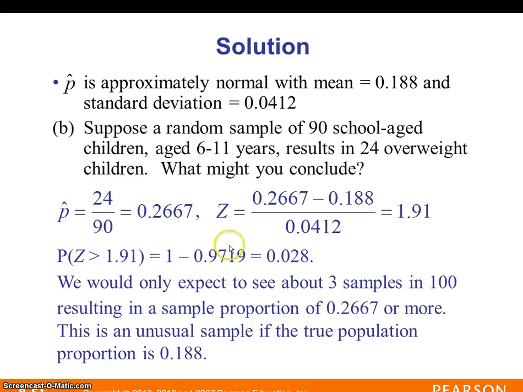If you look it up in the table, you'll get this number. Since you want it to be greater than 1.91, you'll have to take 1 minus the probability, which gives you 0.028. So we would expect that about 3%, or 3 in 100, would result in a sample proportion of 0.267 or more. This is unusual, because it's less than 5%.